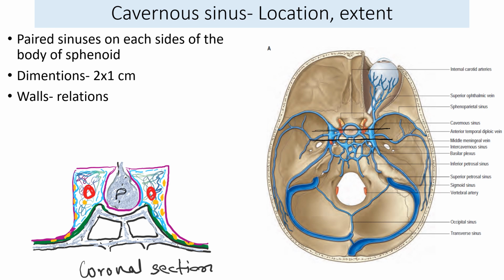This is the cut section of the sphenoid bone, and this is the concavity in the superior surface called the sella turcica. On each side is the cavernous sinus, present between the meningeal layer and the endosteal layer, on each side of the sphenoid bone. Let us understand the relations and the walls of the cavernous sinus in the next slide.